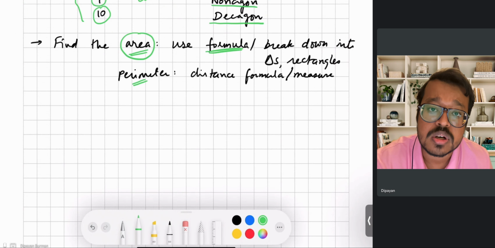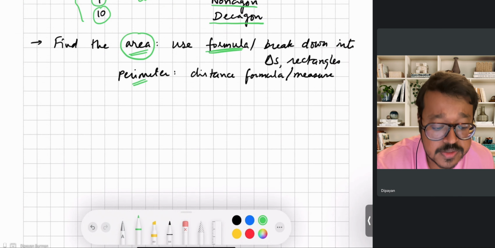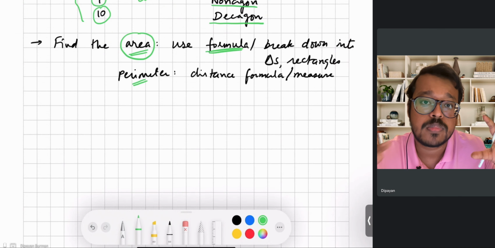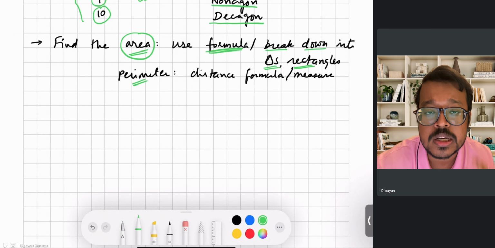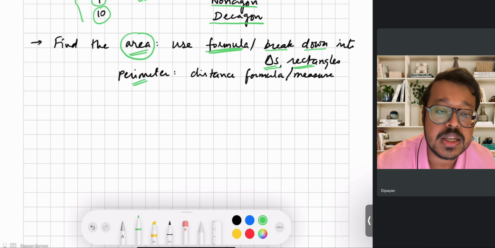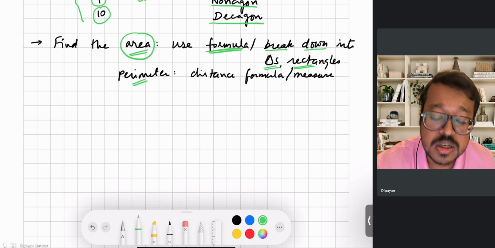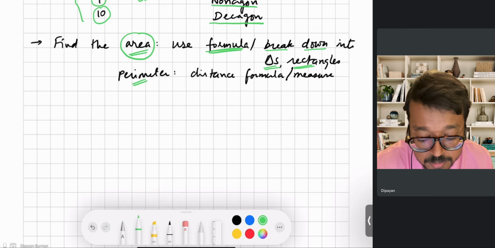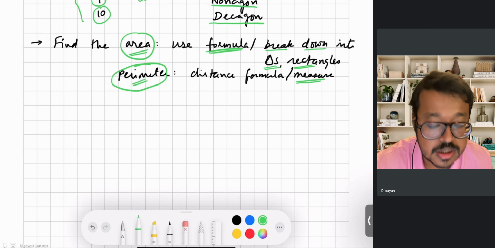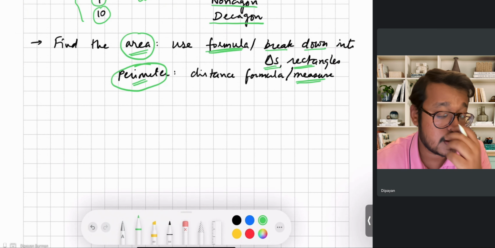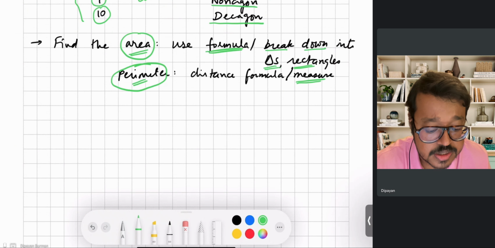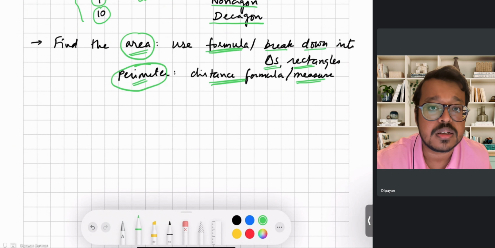Or if you don't remember the formula, or if you don't want to use the formula for that complex figure, you can break it down into simpler triangles, rectangles and so on, then individually find the areas and add up the areas. It will give you the area of the total shape. And for perimeter, either you can measure the length of the sides with your ruler and add them, or you can use the distance formula that you have again learnt in 9th grade.